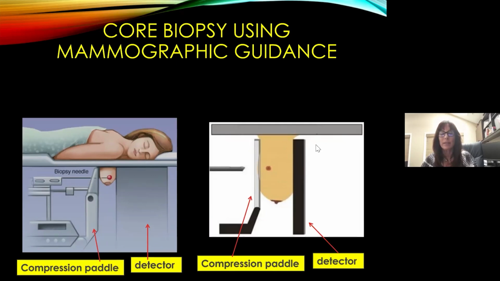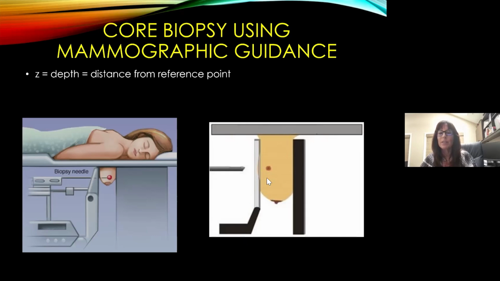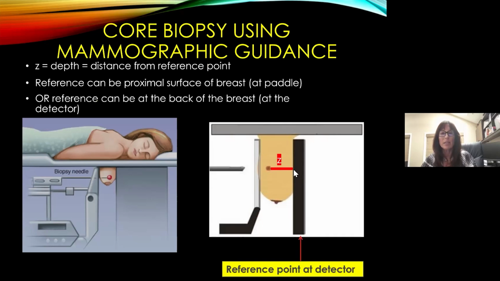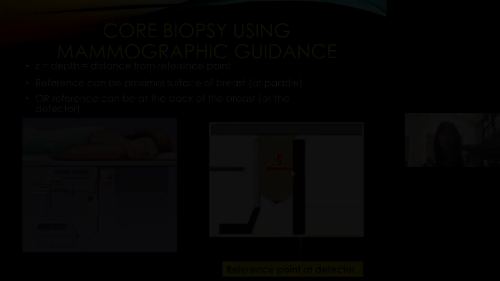Here's a slightly magnified view of the same things: detector, compression paddle, here's the needle, and this is the target. So the depth, or Z, is the distance from a reference point. And the reference point can vary depending upon the manufacturer, from the surface of the breast or from the detector.